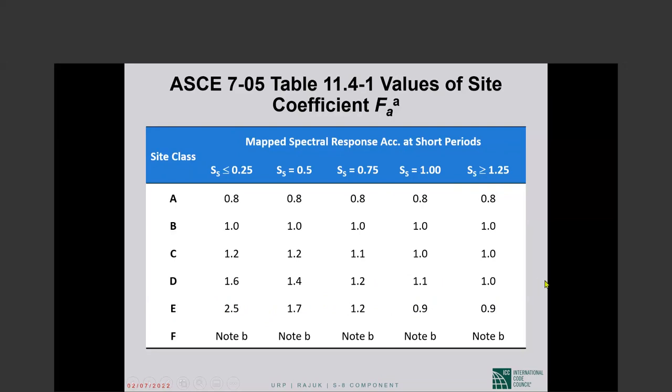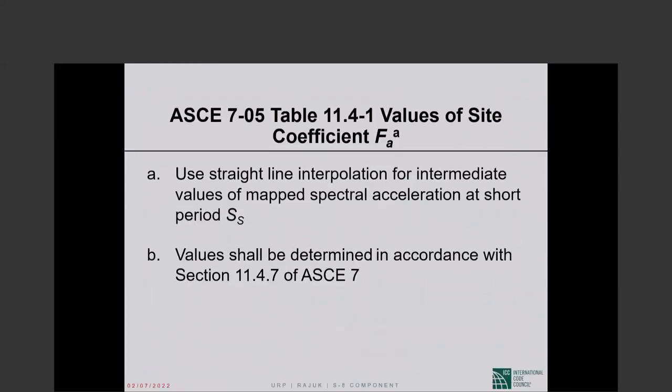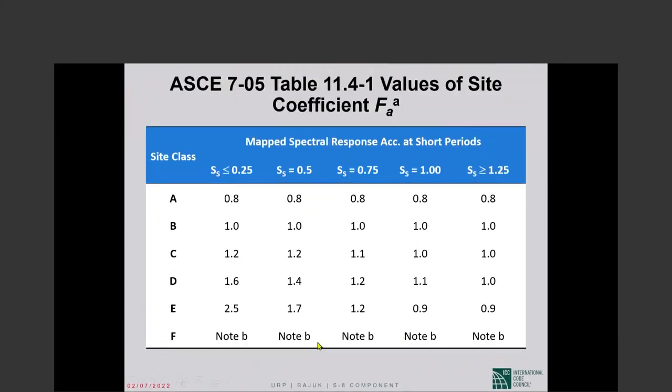Okay. So very importantly, the site coefficient is a function not only of the site class, but also of the intensity of ground motion at the site. So these are the short period site coefficients F sub A. And then, well, there are a couple of notes where we said note B and there was a note A someplace. I don't remember.